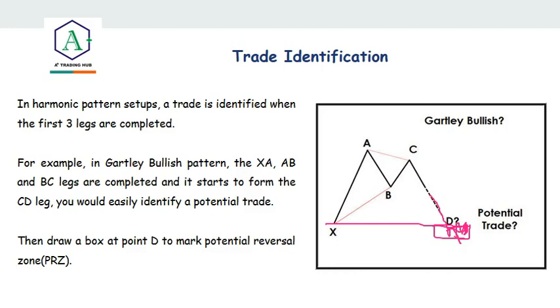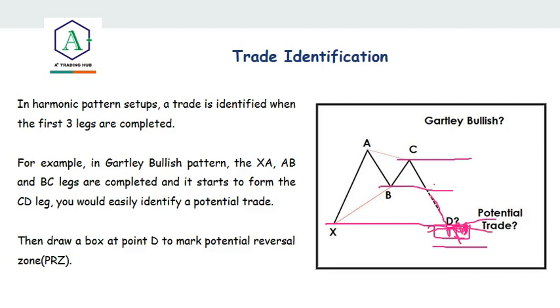Then your stop loss should be at least 50 pips away from this price rejection zone, and your TP1, your first take profit, will be at the B zone, and your final TP will be at the C zone. So you can see, if you are buying from here, from the PRZ zone, your risk to reward is at least 1:3, depending on when you enter the market.